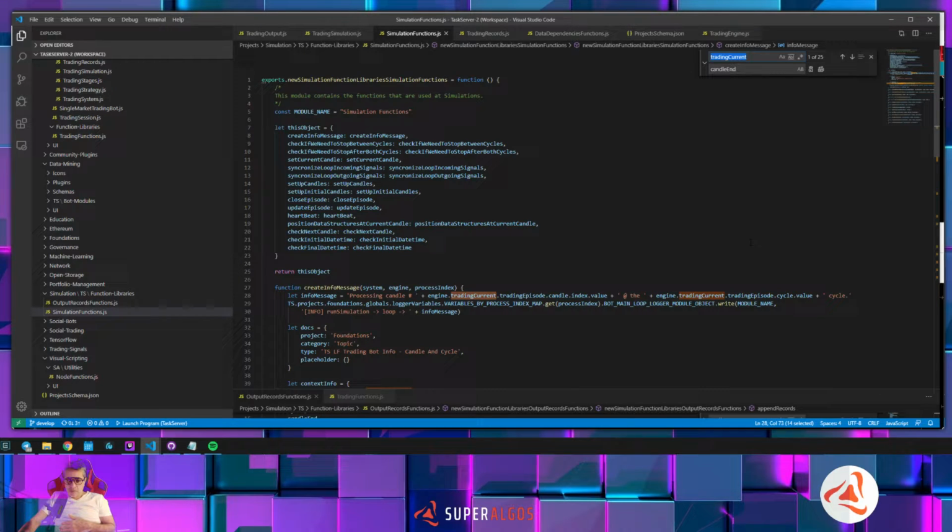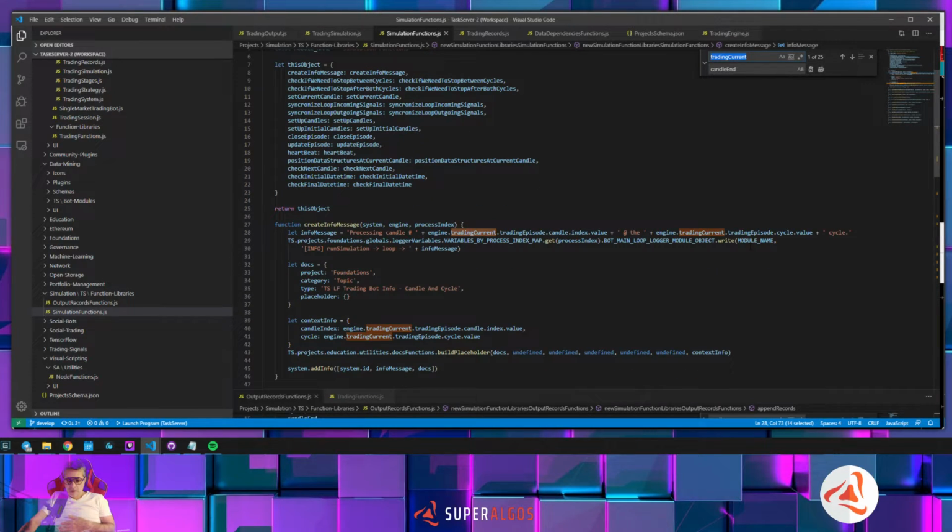This is going to be a one by one case, fixing all this stuff. Many of these places where we were sending the engine is not really enough.